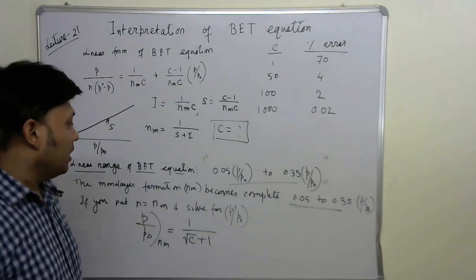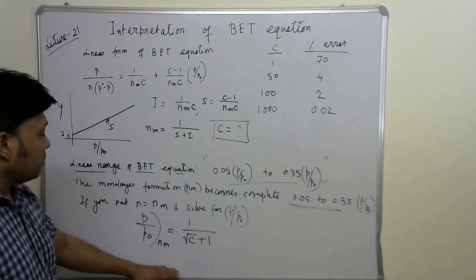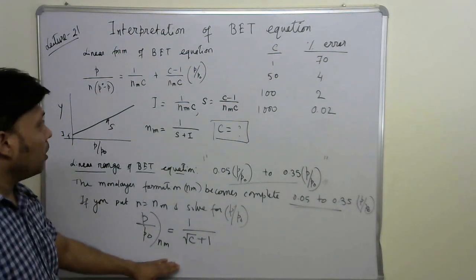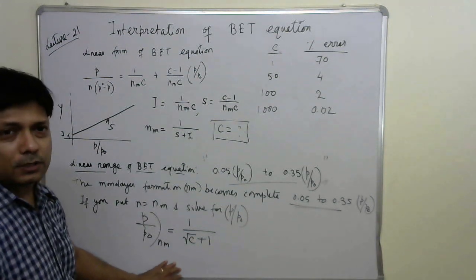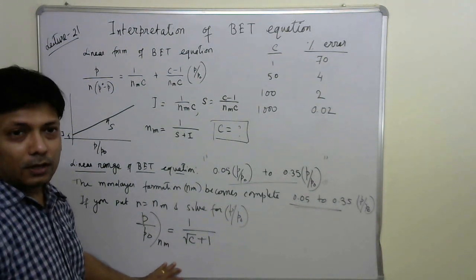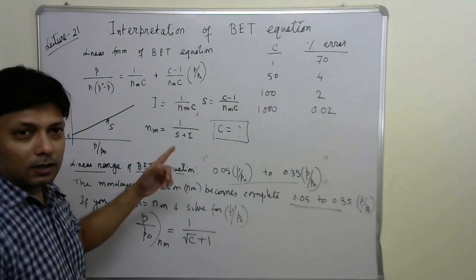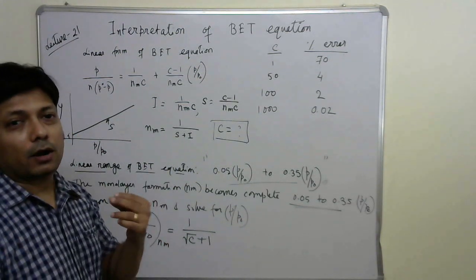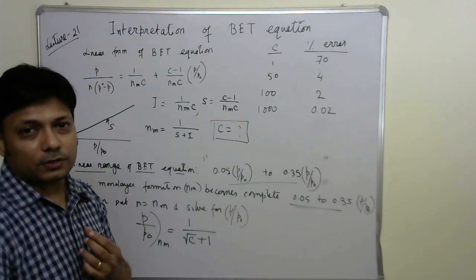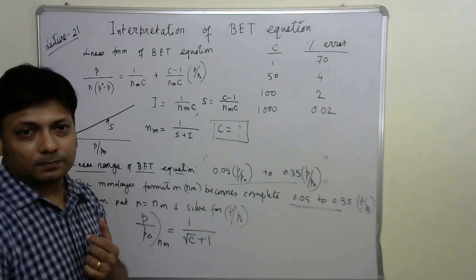Okay, now we move on to another topic. It's called the determination of single point surface area. Let's quickly discuss that, because many times you would come across the term single point surface area.